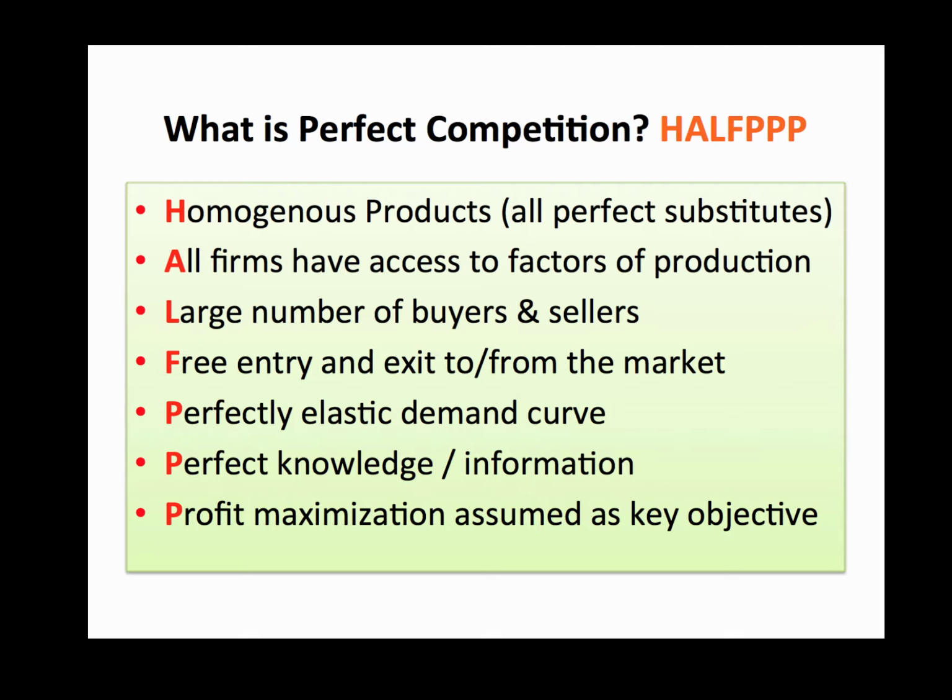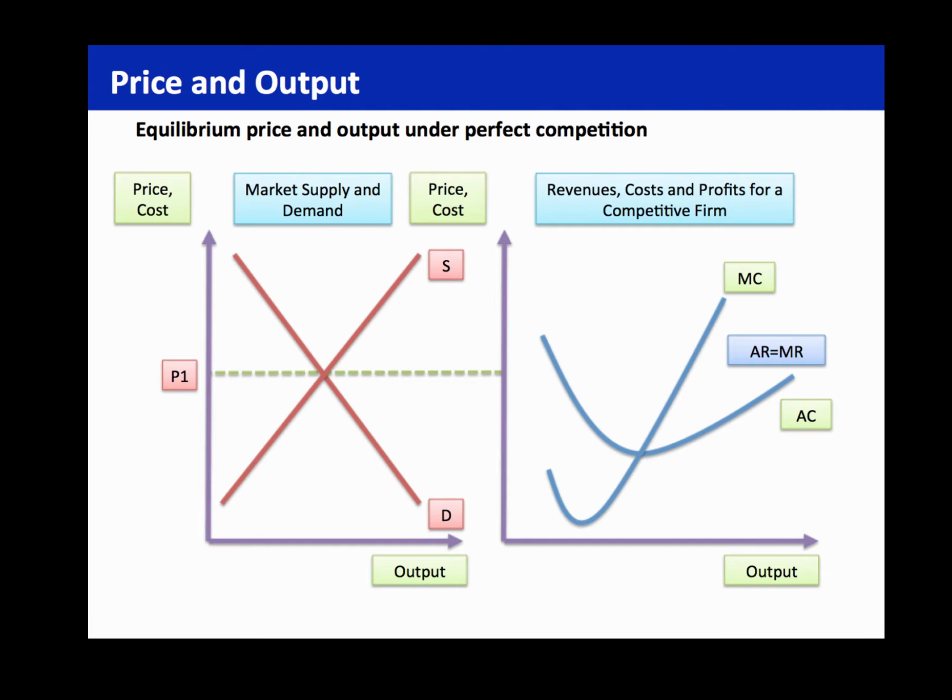Now, when you're drawing an analysis diagram in the exam, it's really important to impress the examiners with the quality of the diagrams you draw. When you're doing perfect competition, it's important to draw two separate diagrams. On the left-hand side here, we have the industry, or the market supply and demand.